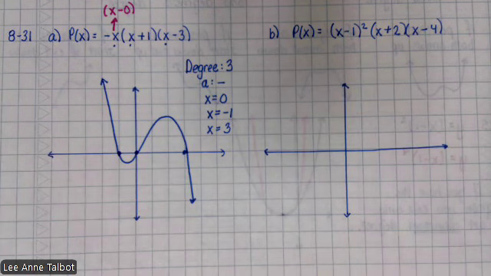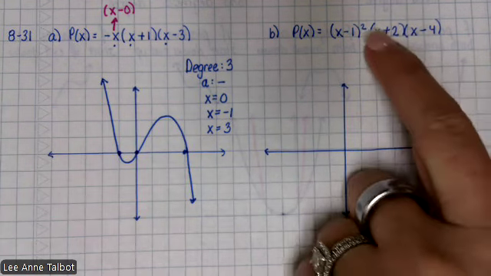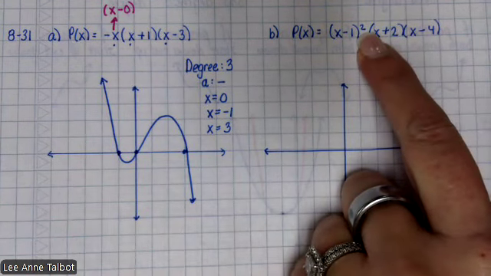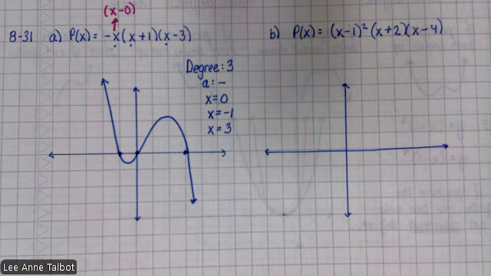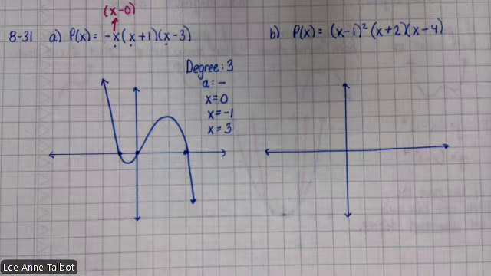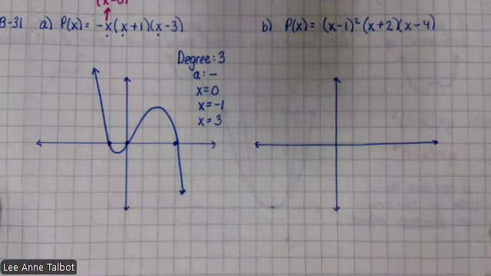Okay, you guys, give B a try. But remember that there's a 2 here, which means there's a bounce. So be careful. You can definitely talk to each other.